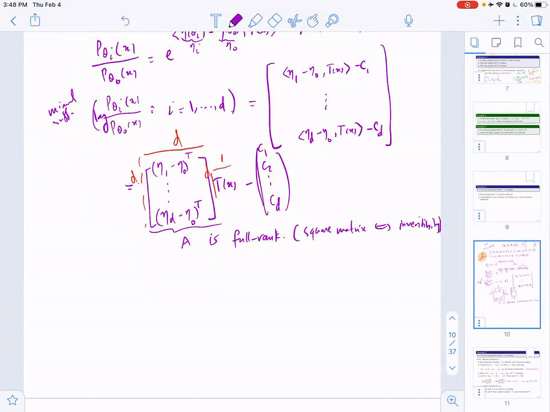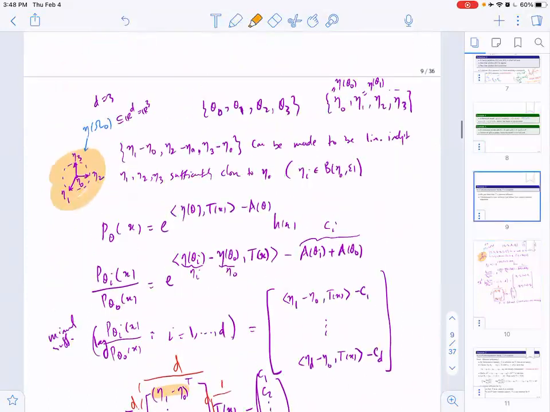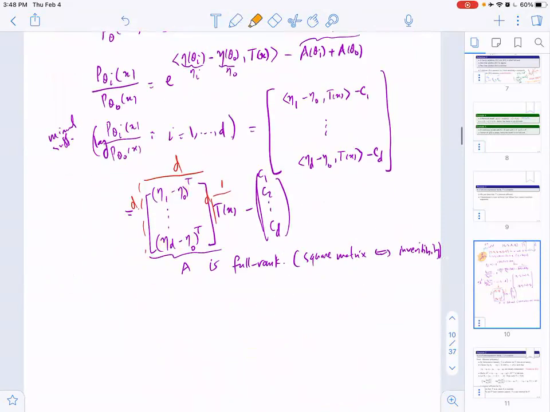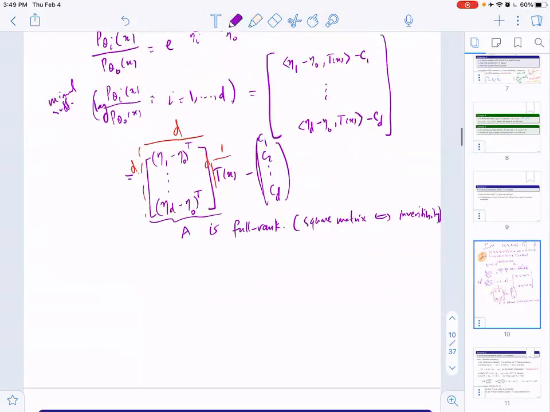In general, for example, it has full column rank if the columns are independent. So here, the rows are independent, right? By assumption, the rows are linearly independent. So that's where we use this construction. So the rows are linearly independent, hence it has full row rank. And because the matrix is square, it will have full column rank as well, and it will be invertible. So A is invertible.